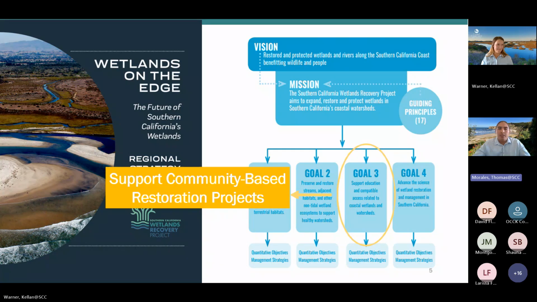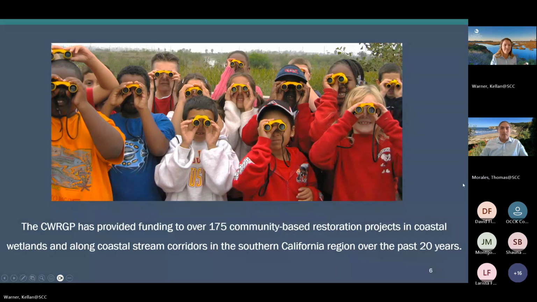And the CWRGP supports achieving all of these goals as it is a restoration program. But in particular, it really targets Goal 3 by supporting community-based restoration projects. Historically, this program has been funded by various agencies and organizations.